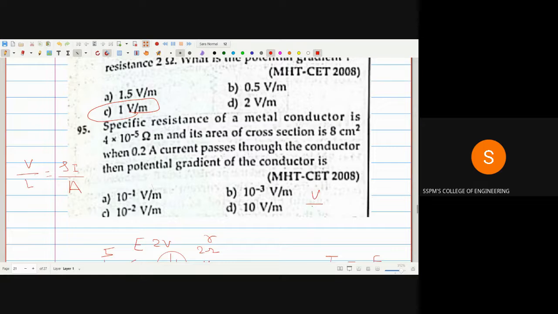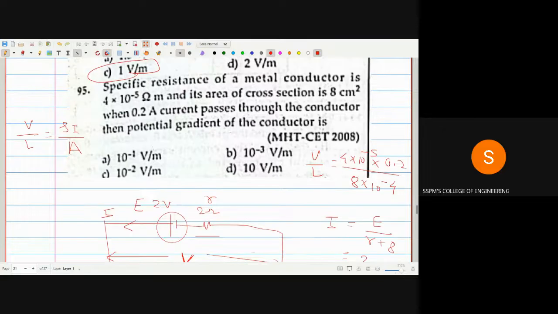V by L is equal to 4 into 10 to the power minus 5 into I, which is 0.2, divided by the cross sectional area of 8 centimeter square. Converting into meter square, it becomes 8 into 10 to the power minus 4. 4 divided by 8 is 1 by 2.